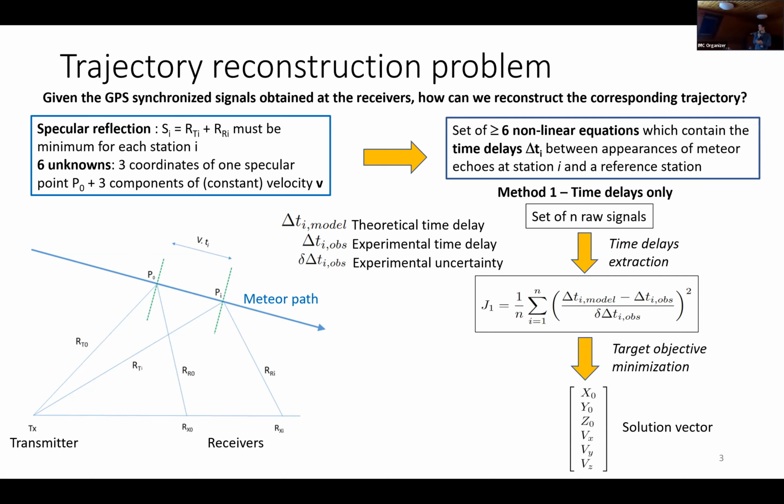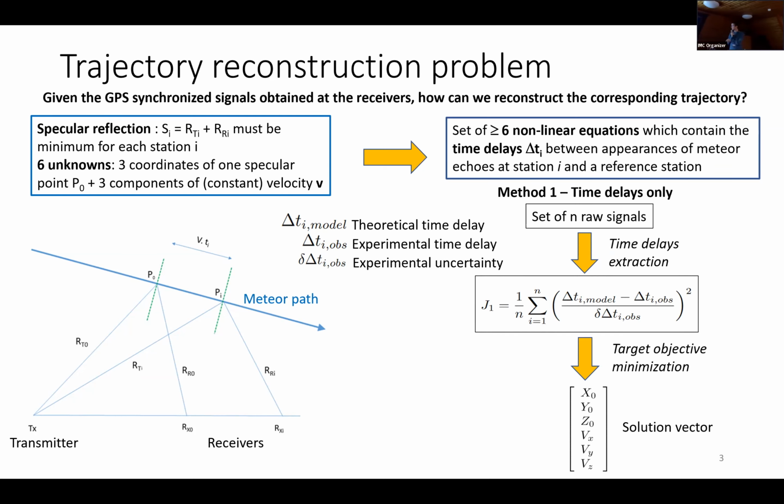We take a certain number of radio signals at our different receivers. We extract the time delays because we know that our signals are GPS synchronized. And then we have to solve a quite complex problem, which is an inverse problem, where we have to retrieve our trajectory from the time delays. This problem uses a target objective that we need to minimize.